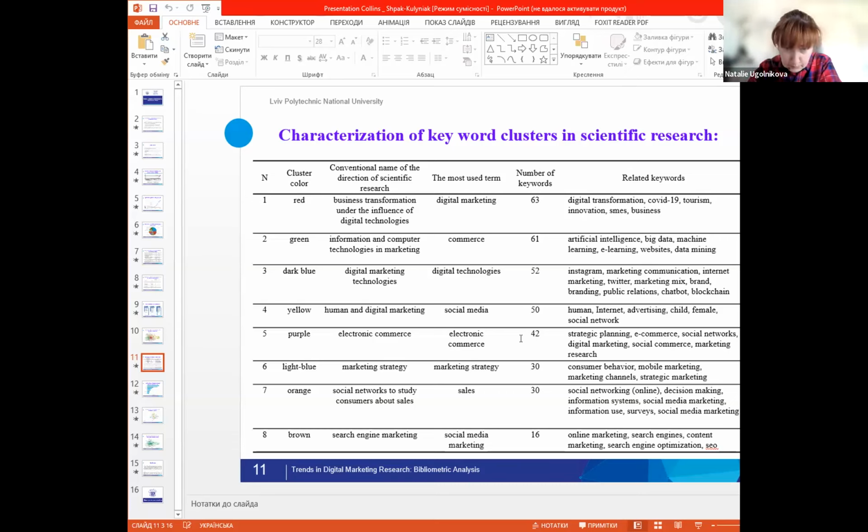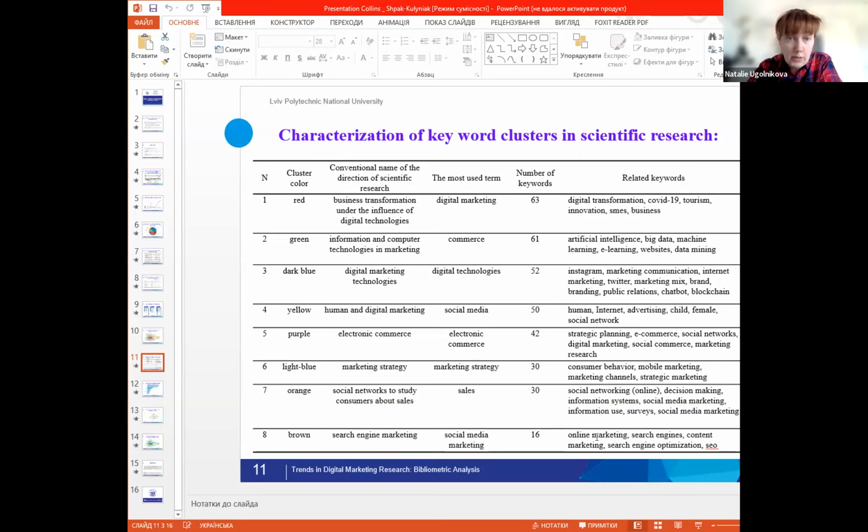For example, you say online marketing and address this term to the group called search engine marketing. And at the same time, we have websites, for example, which are related to information and computer technologies in marketing.